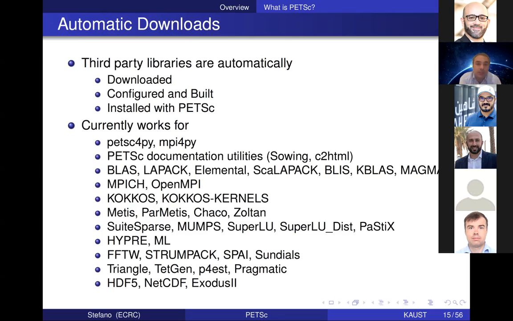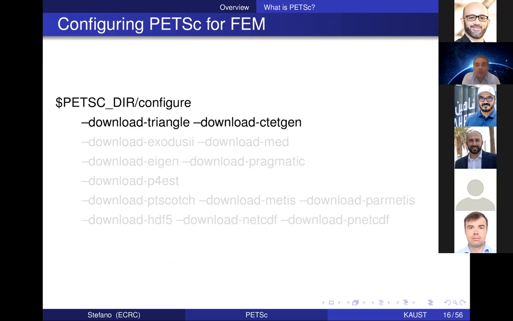So for example, suppose your application is based on FEM, so finite element methods. You can configure PETSc and say, look, why don't you download and install Triangle and TetGen for me? These are two packages that do tessellation of the domain, so they produce a simplicial mesh for you.